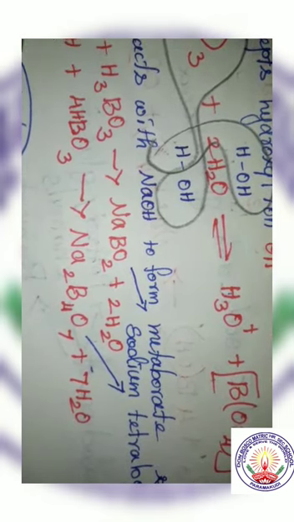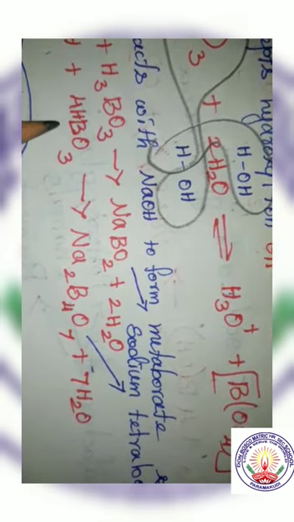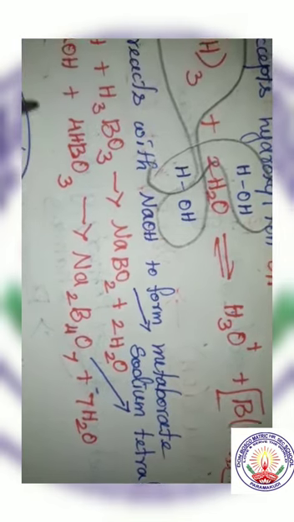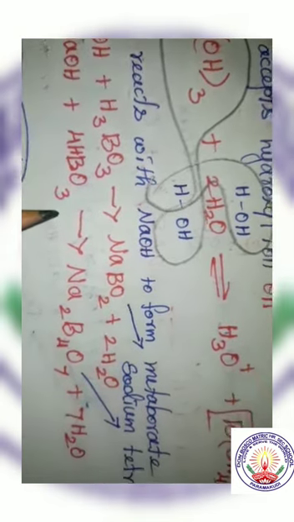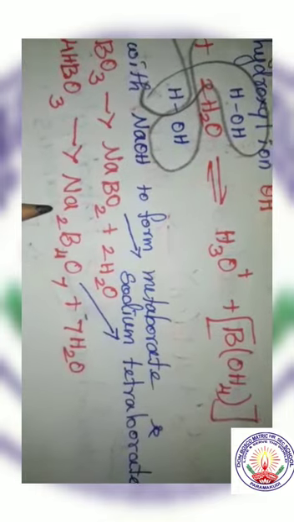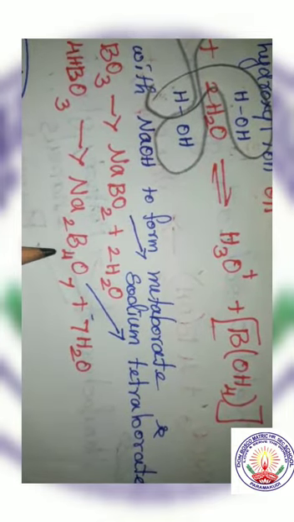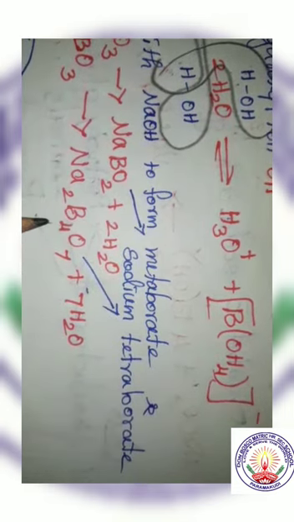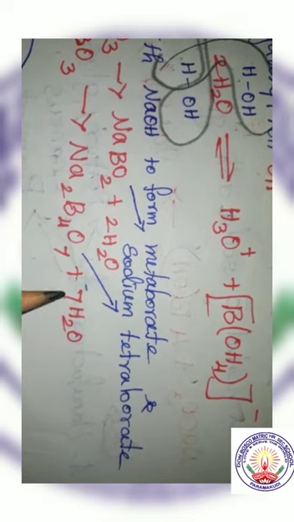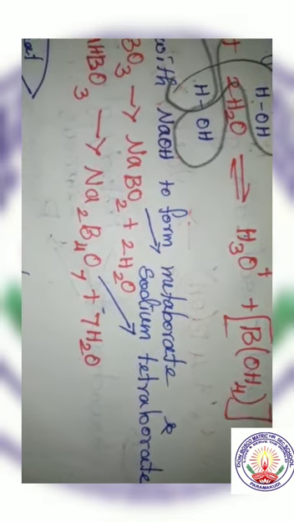Next, this sodium hydroxide reacts with boric acid and becomes tetraborate. You see 4 boron. Sodium tetraborate, plus we are getting water.